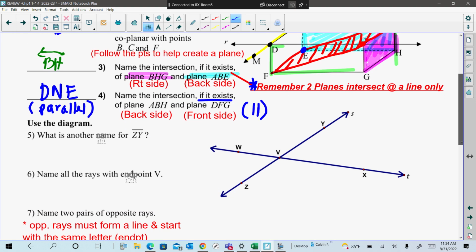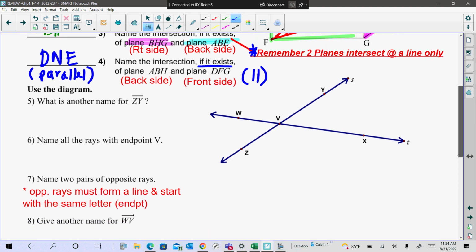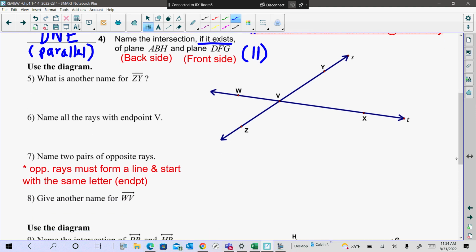When you name, pay attention to your starting point or your endpoints. On number 5 here, the symbol we have is for a segment. The Z and the Y are the endpoints, so the only thing I can do is change the order to mean the same segment.